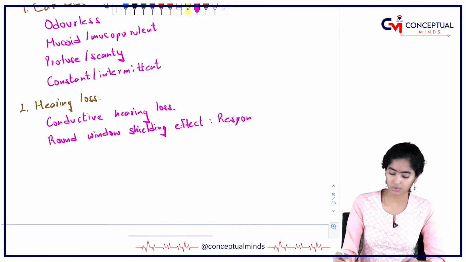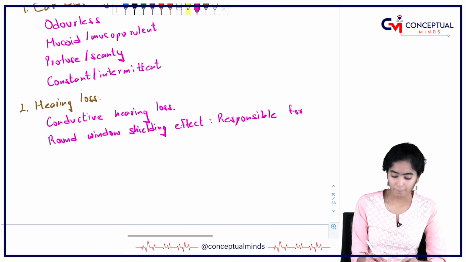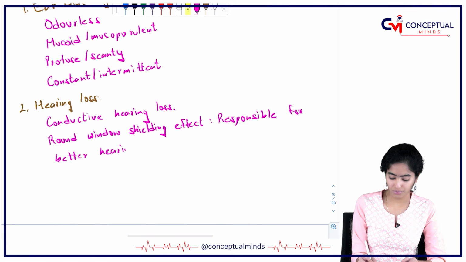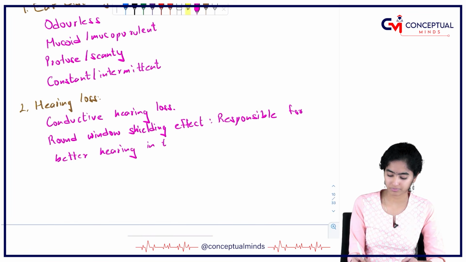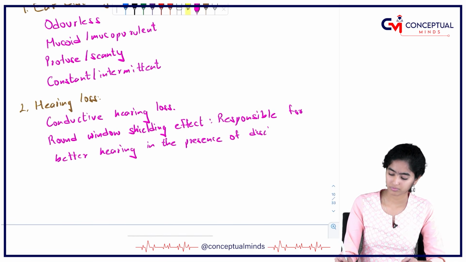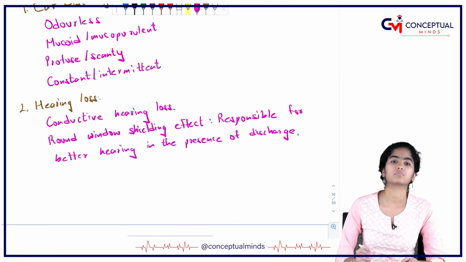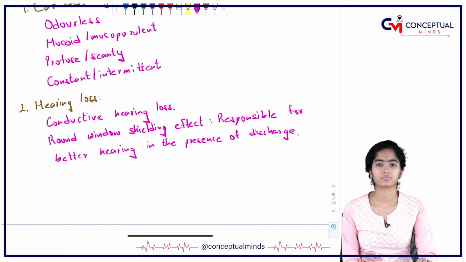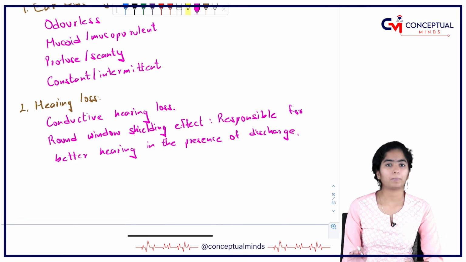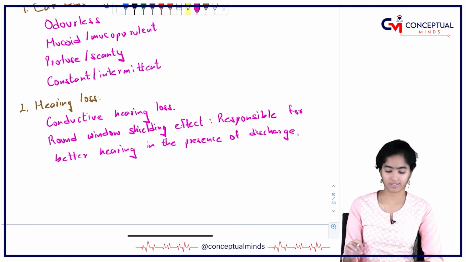The round window shielding effect is responsible for better hearing in the presence of discharge. These are the only two complaints usually by the patient: one is an ear discharge and second is hearing loss.